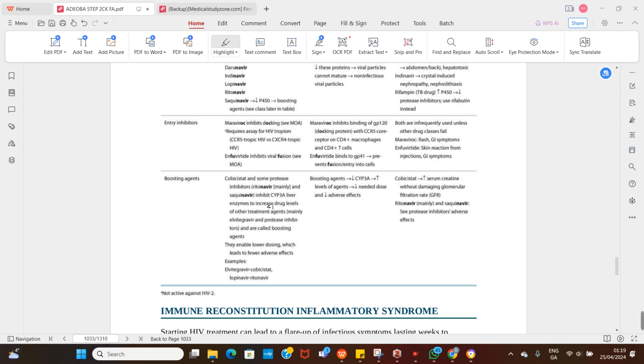Maraviroc prevents docking. Docking is just the attachment of the receptors. This receptor docks on another receptor, but for them to move into one another, you need to fuse them together. So docking is just the initial attachment. Fusion is the final stage, right? Docking involves the activity of GP120. GP120 is going to interact with the CD4 receptor, then from there interact with the co-receptors, which are CCR5 on the macrophages and the T cells, as well as CXCR4 majorly on the T cells.